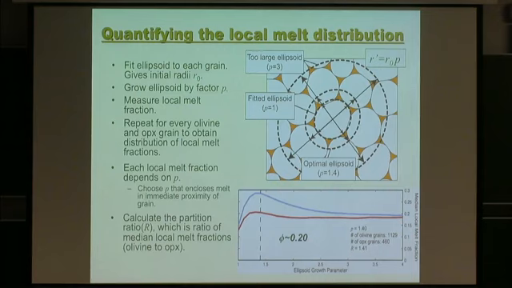If it is too small, you're not having any melt on the boundary, but if it is too large, you're including melt from your neighbors. So there has to be an optimal size. We let the program decide what the optimal size is, so you can say this is the melt associated with the grain.